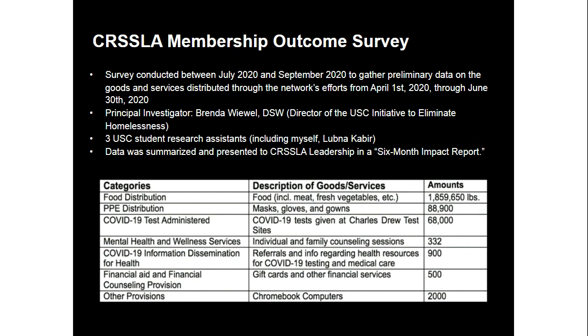And I helped to present and summarize the data in the report using this table, which shows the amounts of food, PPE, COVID-19 tests, mental health and wellness services, general information about COVID-19, financial aid, and other provisions that were distributed through the network's efforts to the individuals and families and organizations in South Los Angeles. So it was really cool to see how much of an impact all of these organizations were able to have as a whole on the community.